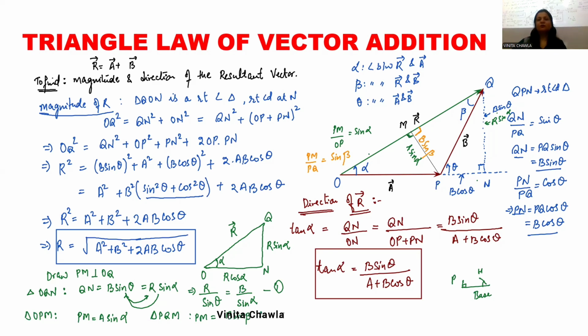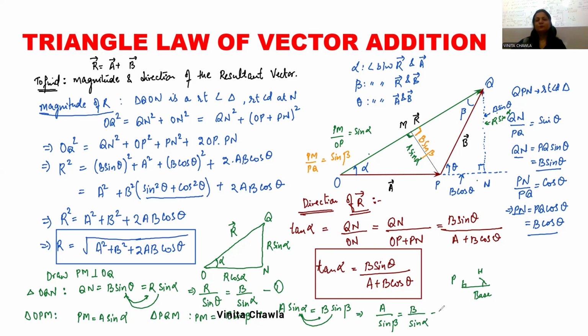Therefore, we can equate these two. A sine alpha is equal to B sine beta. Again, move these sines here, transpose them. So you'll get A upon sine beta is equal to B upon sine alpha. You'll get this.